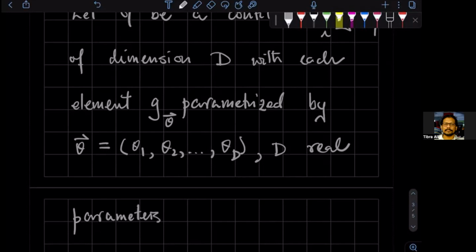So we are making the d real parameters into a d-dimensional vector.